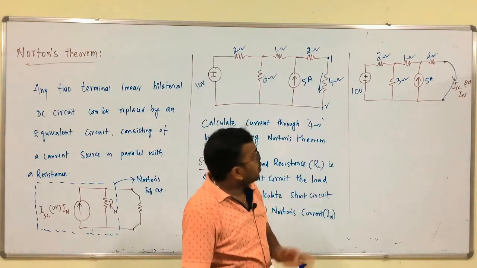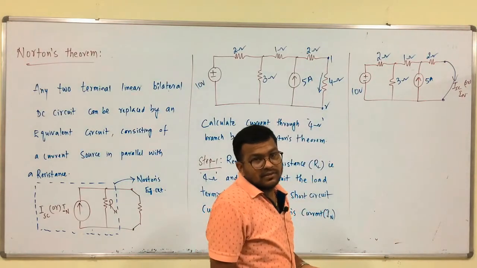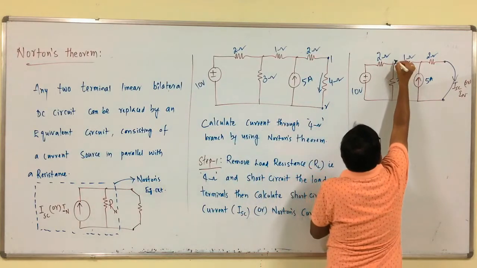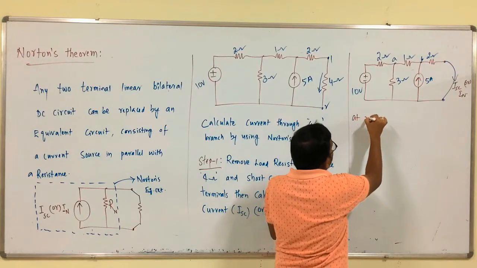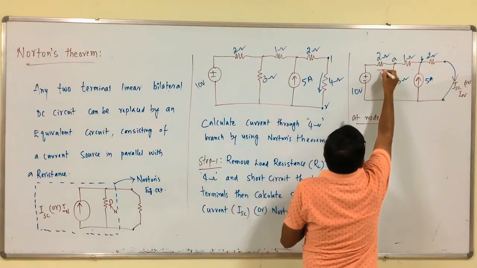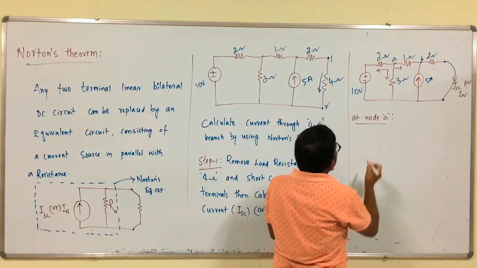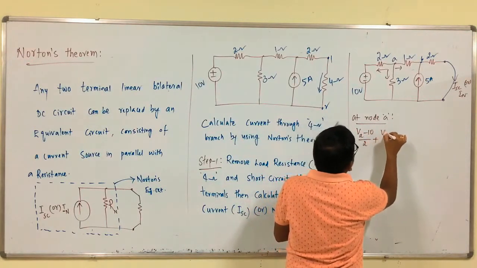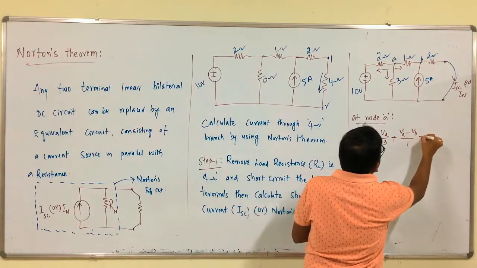So, to calculate the current through this branch, I am using nodal analysis. Here we have two nodes. This is one node, node A, and this is another node, node B. So, at node A, (VA - 10)/2 + VA/3 + (VA - VB)/1 = 0.